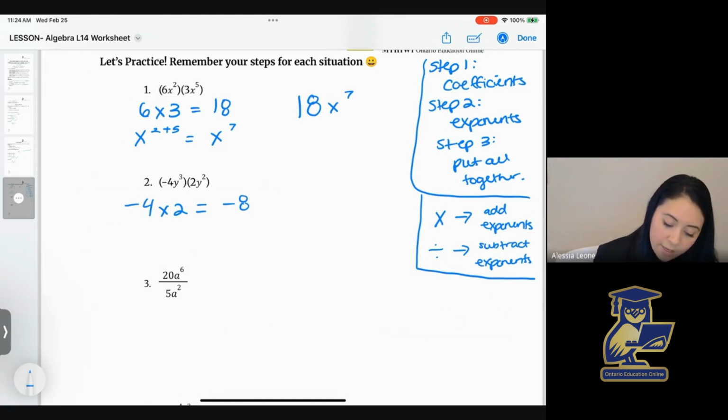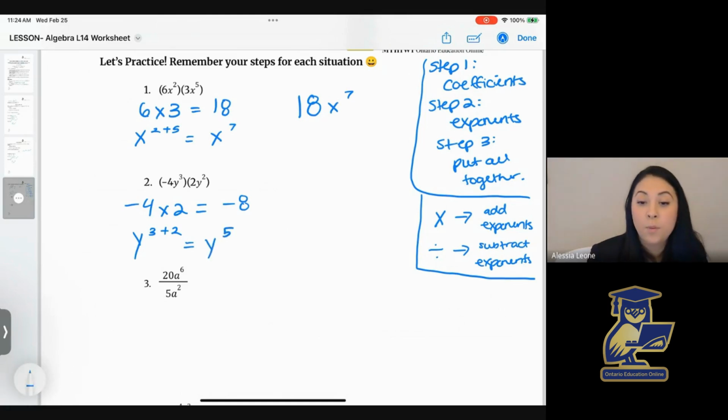We know it's multiplication. We're adding them together. Three plus 2 is 5. Put it all together. That's our answer.